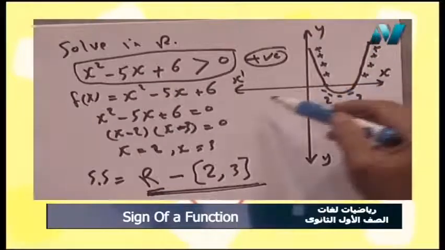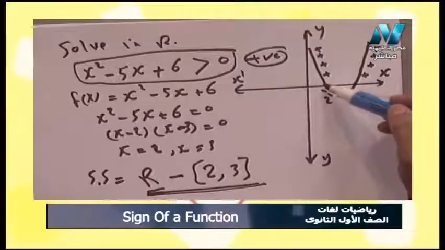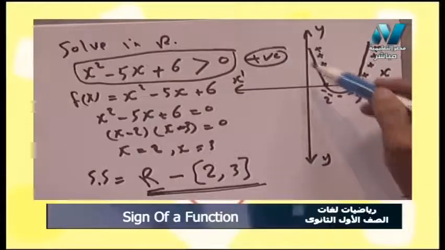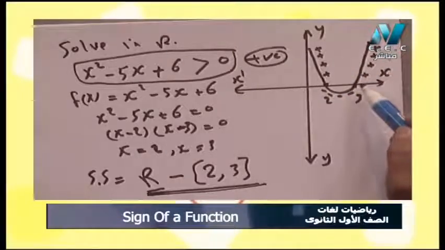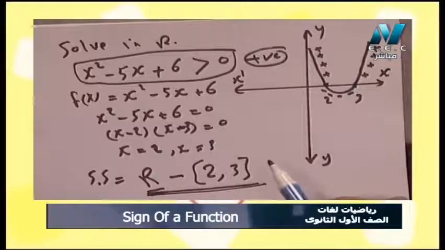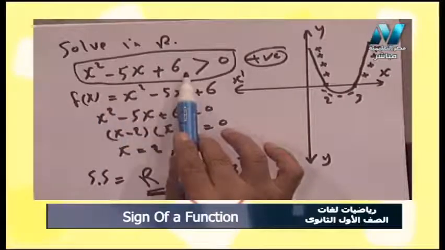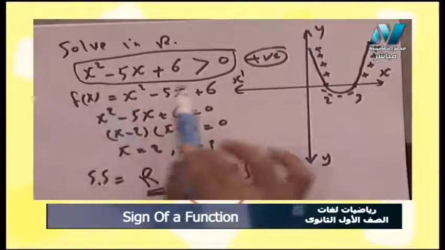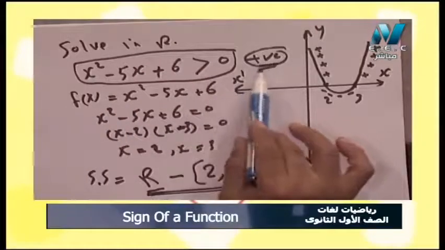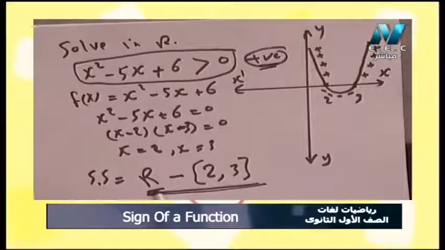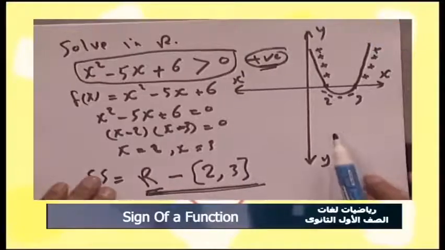Because from negative infinity to 2 it is positive, and from 3 to infinity it is positive, and we would like to find the solution where it is greater than 0, which is positive. So the solution set here is R minus the interval 2 to 3.